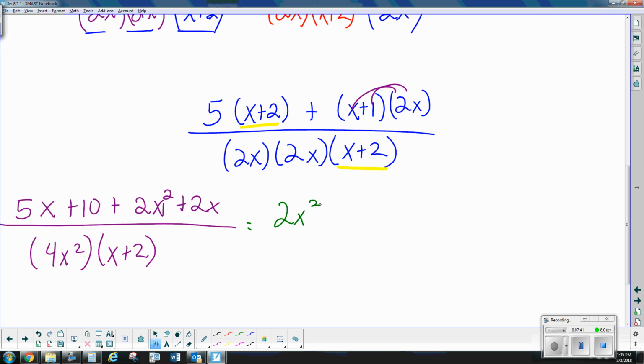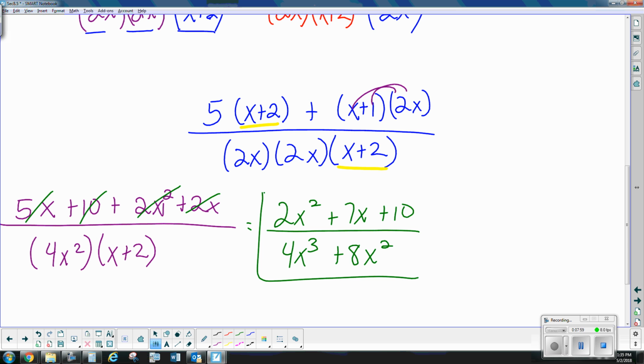So 2x squared plus 7x plus 10, all over 4x cubed plus 8x squared. And that's my final answer. There are no common terms in every term in the numerator and every term in the denominator, so that's where I'm going to stop.